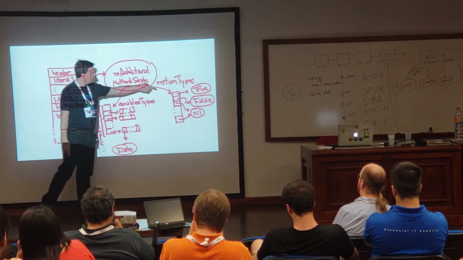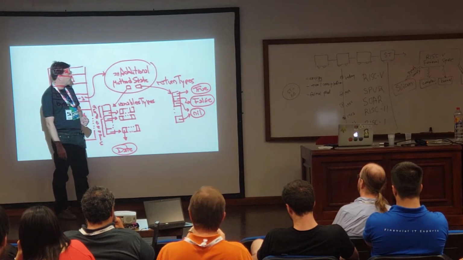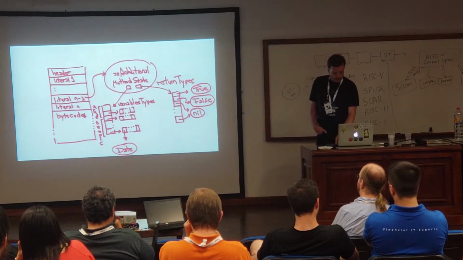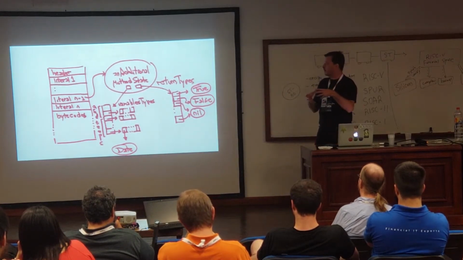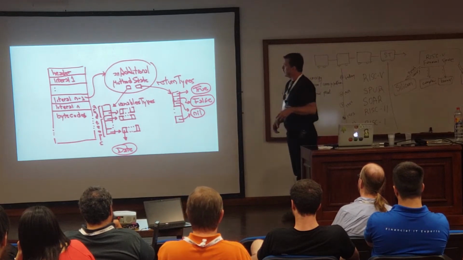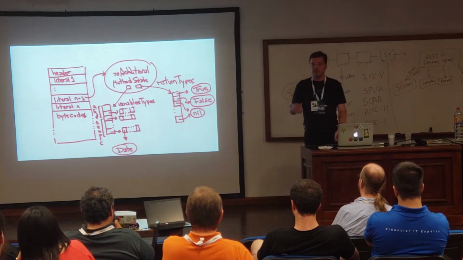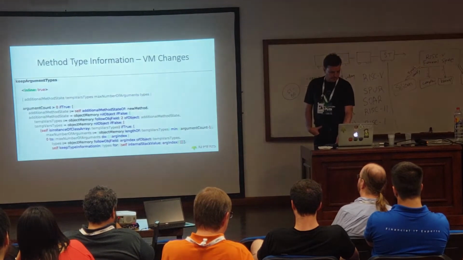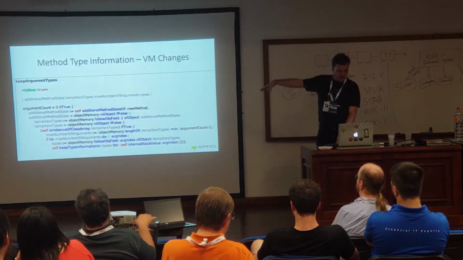And then there is another that points to the return types. So the basic structure to store type information is the same no matter if it's instance variables or arguments or whatever. And again, the chain is very simple.